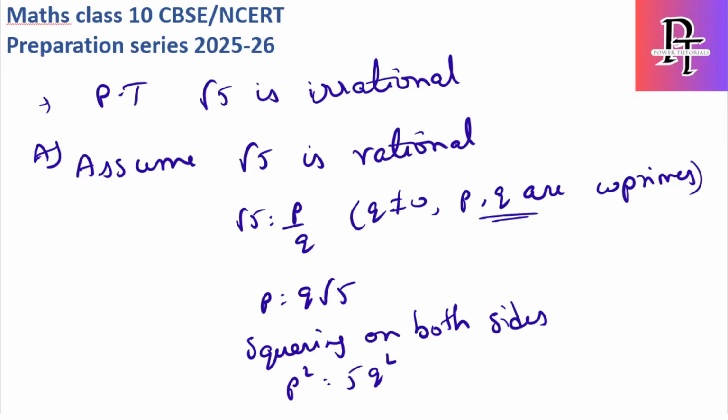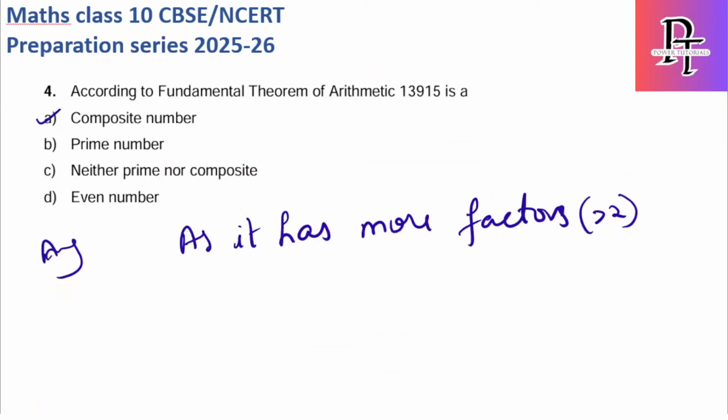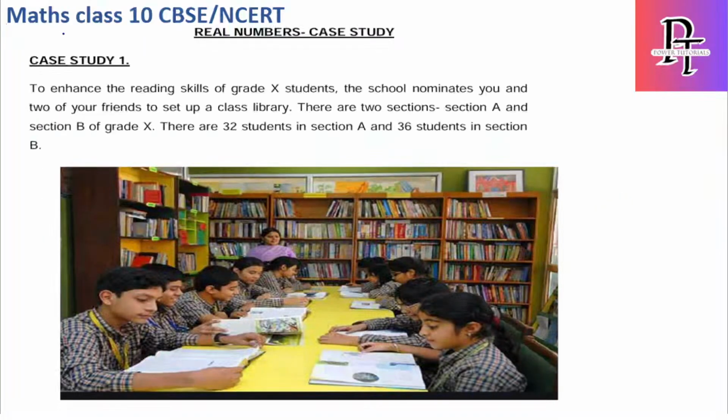If you understand these questions, I can say for sure that whichever questions come from real numbers, you should be able to solve them. The weightage from the real numbers chapter is around 3 to 5 marks. If you practice the questions I discussed today, including the last one, proving any root value as irrational, then I am 100% sure you should be able to solve any question from this chapter.